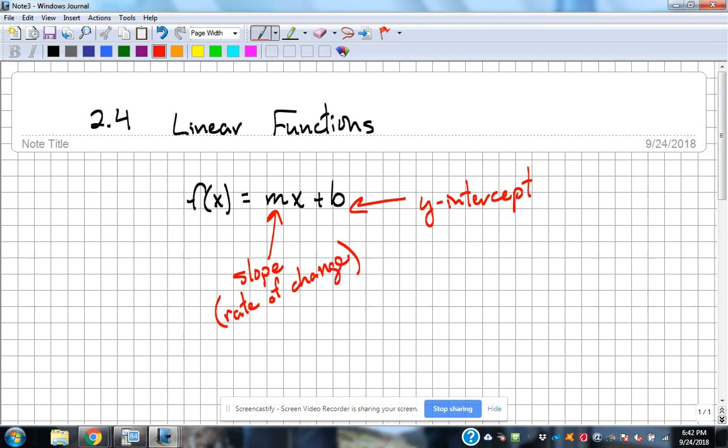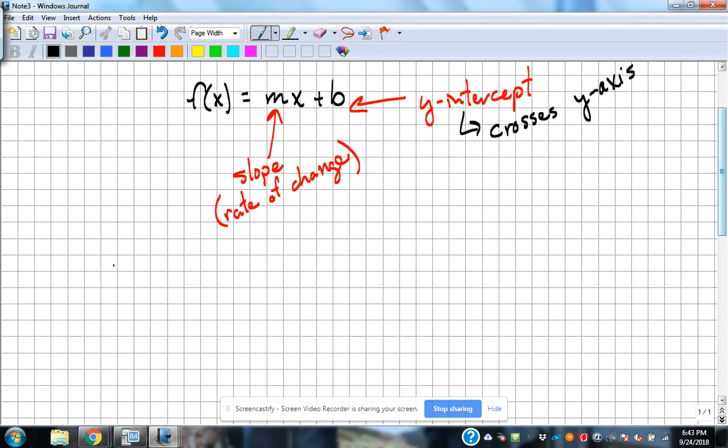Linear functions, we're talking about straight lines. No curves. We'll get to that after fall break. Okay? Straight lines here. Let's get an example.